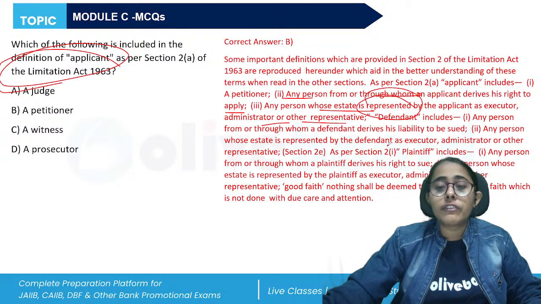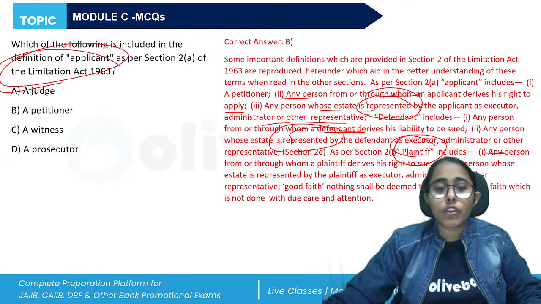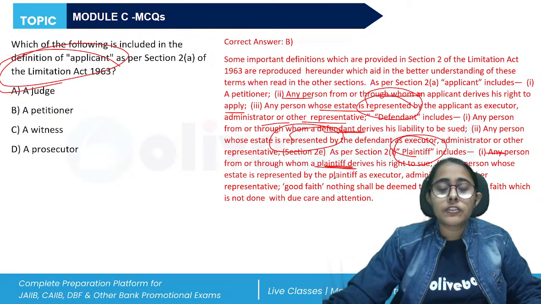Then the definition of defendant: any person from whom the defendant derives the liability to be sued, or any person whose estate is represented by the defendant. Then we have the definition of plaintiff. Plaintiff will be the person from or through whom the plaintiff derives the right to sue. Right? So we have the three things: applicant, defendant, and the plaintiff. Under the definition of applicant, the petitioner is mentioned.